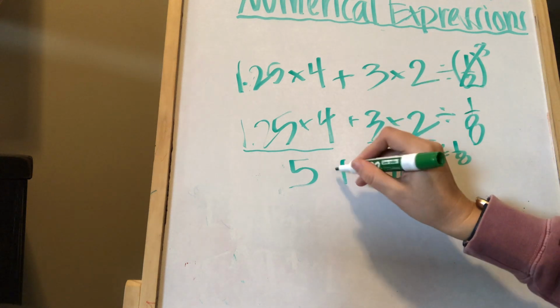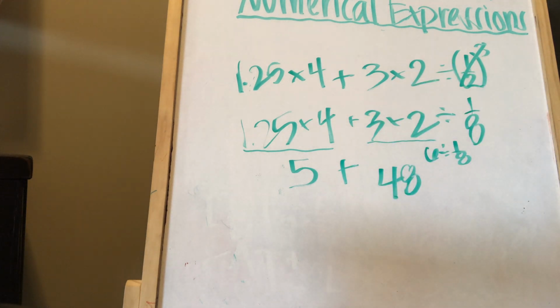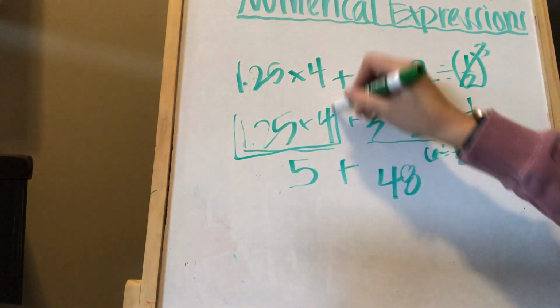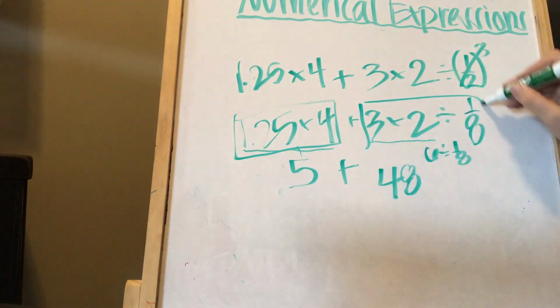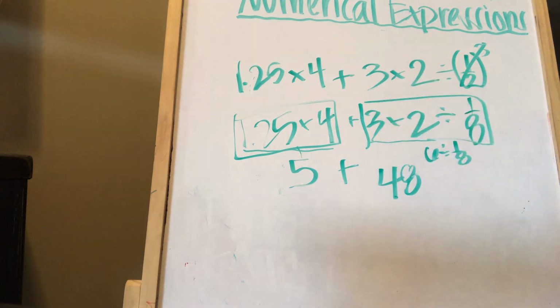Our last thing is our adding. We got 5 here, and we did this whole part and got 48, but we need to make sure we have our addition sign. So now we have 5 plus 48, which is equal to 53.